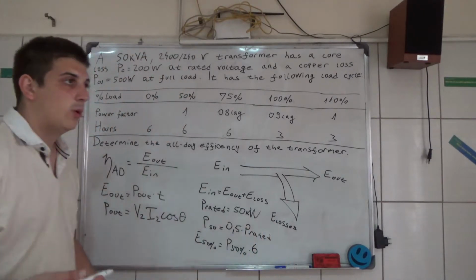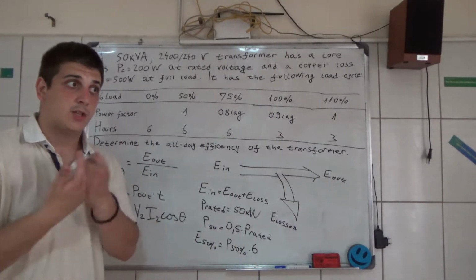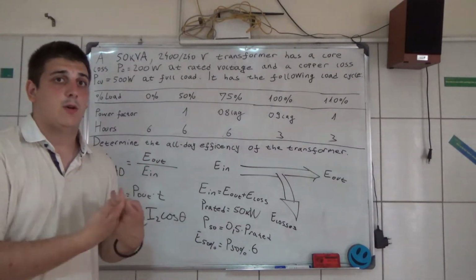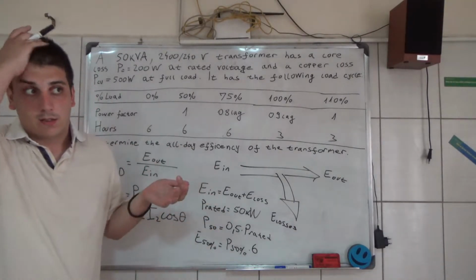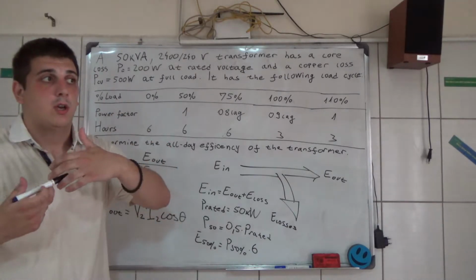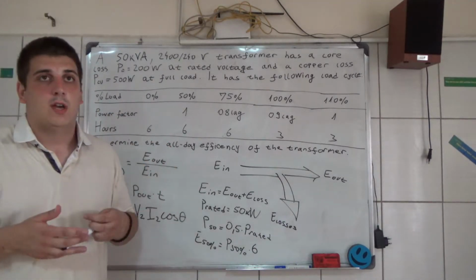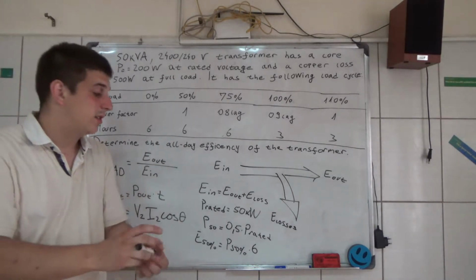You know that the unit for energy is joule, but in this situation we're going to use kilowatt hours, because joules are big units. So in industry, in real life, as electrical engineers, you always use kilowatt hours.